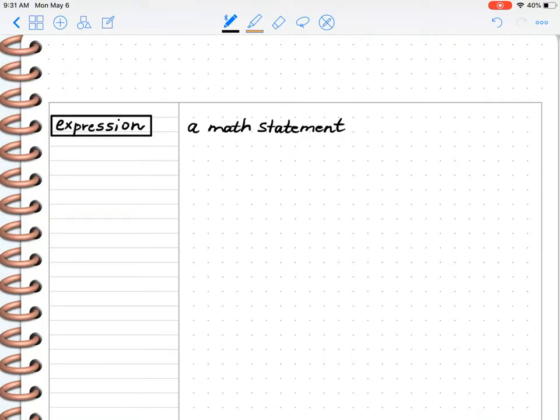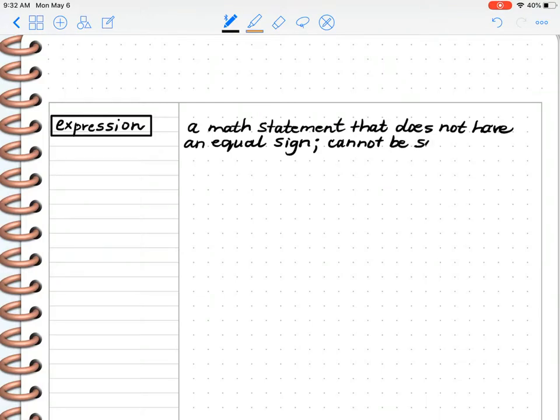That does not have an equal sign. It cannot be solved. But it can be simplified.